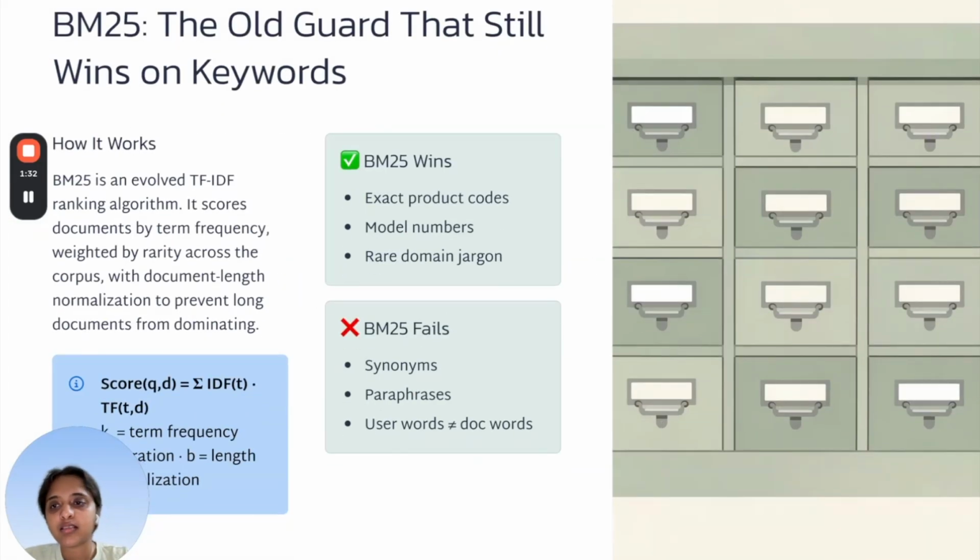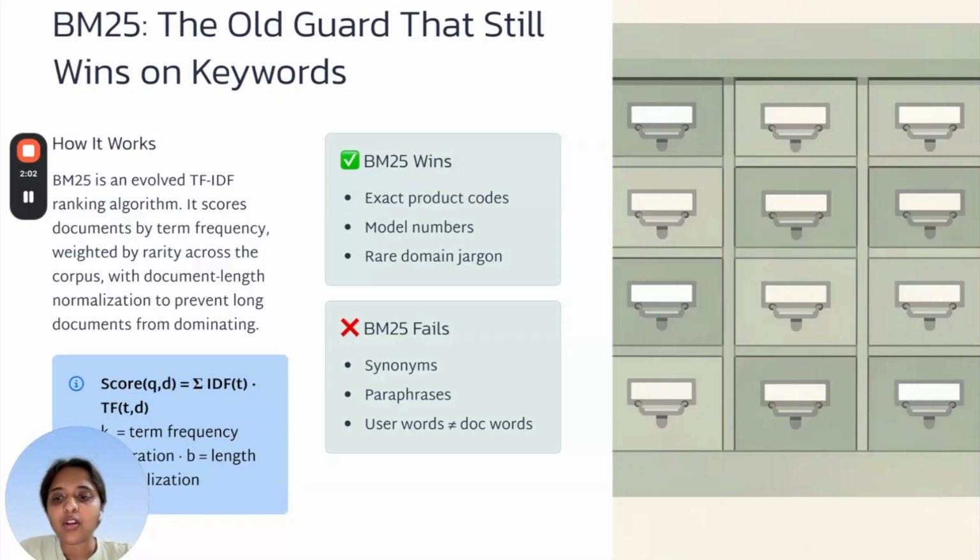We have another algorithm called Best Match 25. This works well for exact product codes, model numbers, or domain jargon. It is basically based on traditional TF-IDF, but it is better. That means it scores the words that are frequently appearing against the weightage of how rarely those words appear in the full corpus.